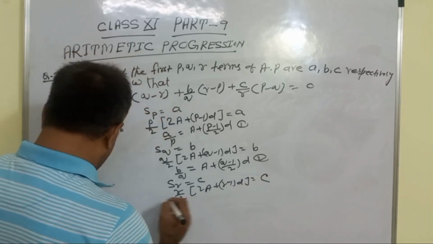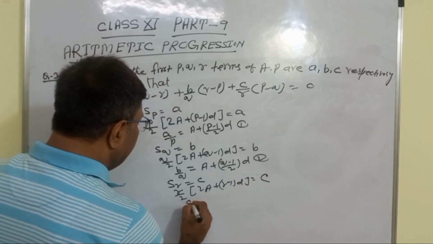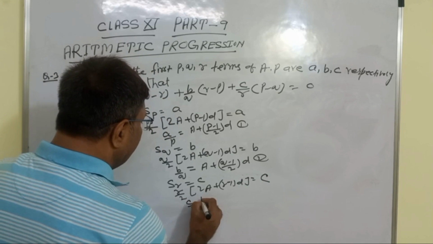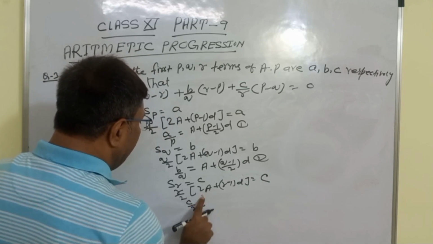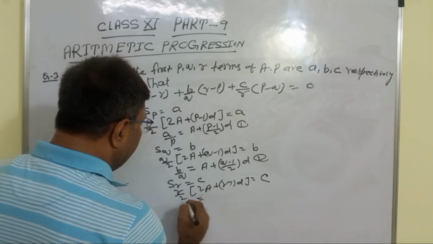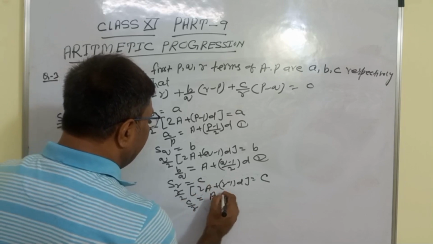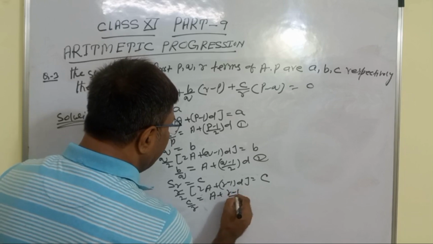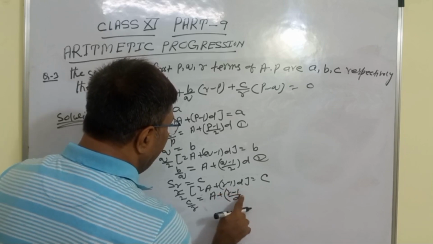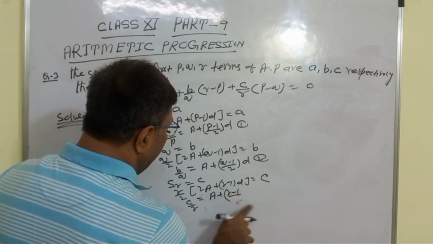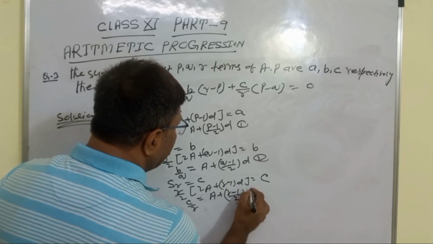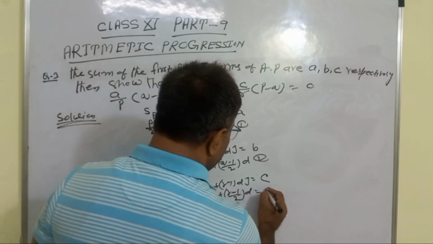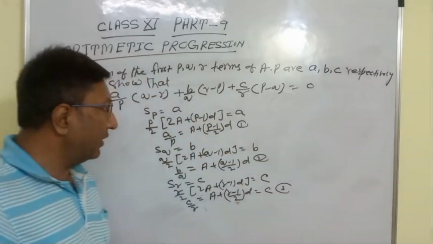So we can write directly here, that is c upon r, and this equals c by r equals what? This is 2A by 2, so we will get a, plus r minus 1 by 2, and this is d. This is given what? c. This is the third equation, right?